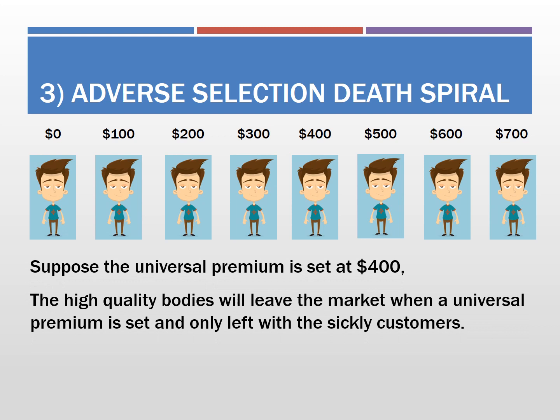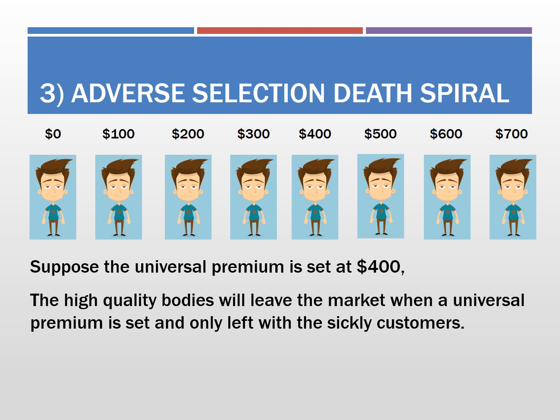So let's suppose there is an insurance company. It's providing this standard universal coverage for every single one in the market, and this insurance company is going to charge this universal price or premium of $400.